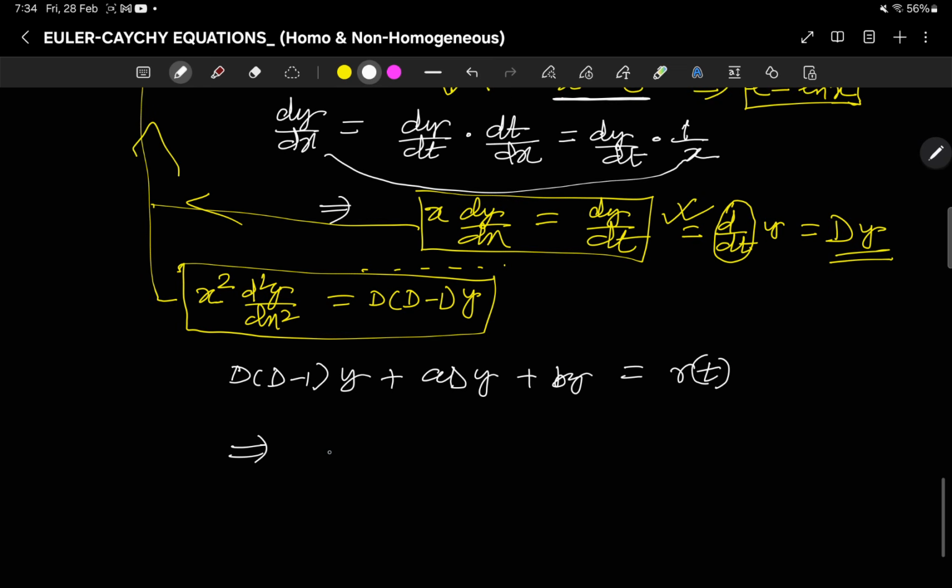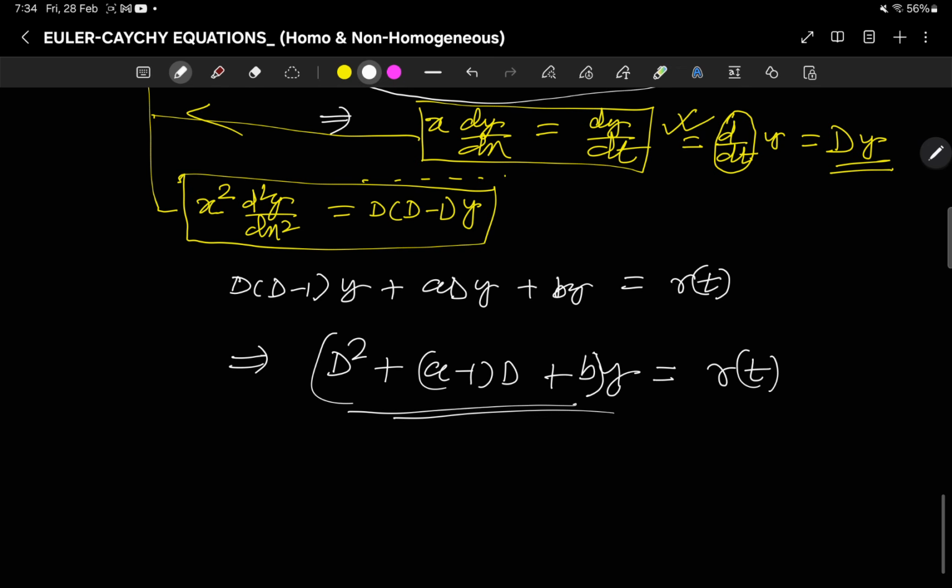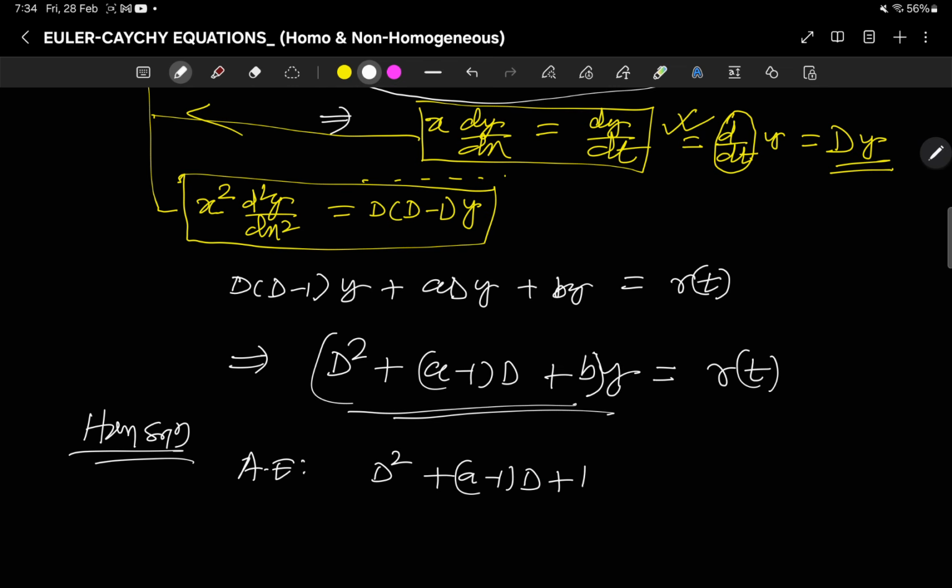So you are getting d square plus a minus 1 into d plus b y is equal to r of t. Now what is the auxiliary equation? For the homogeneous solution, your auxiliary equation is d square plus a minus 1 into d plus b is equal to 0.